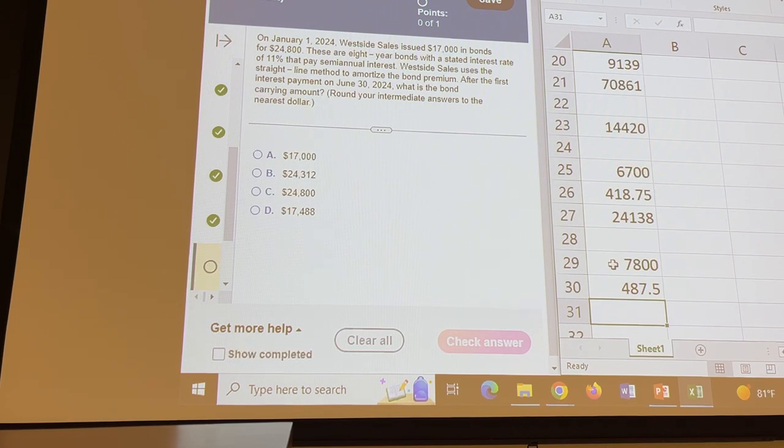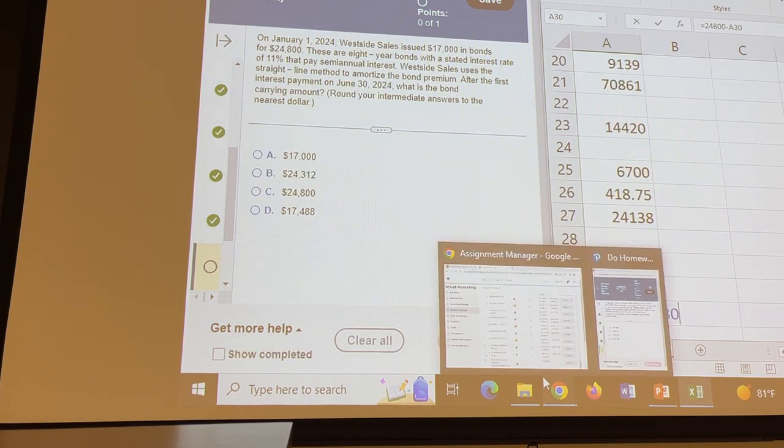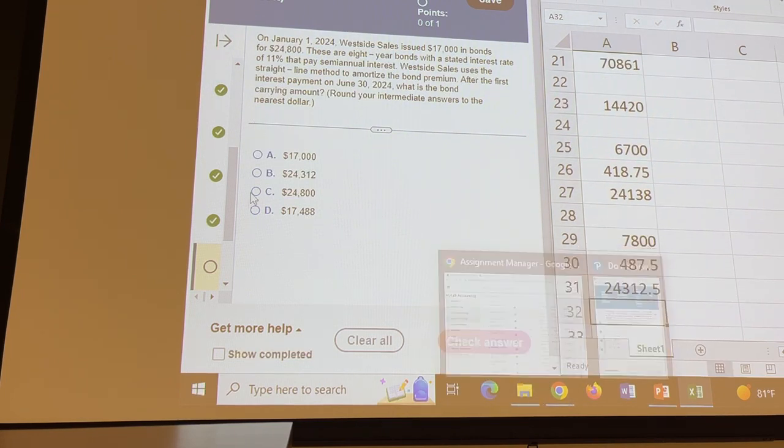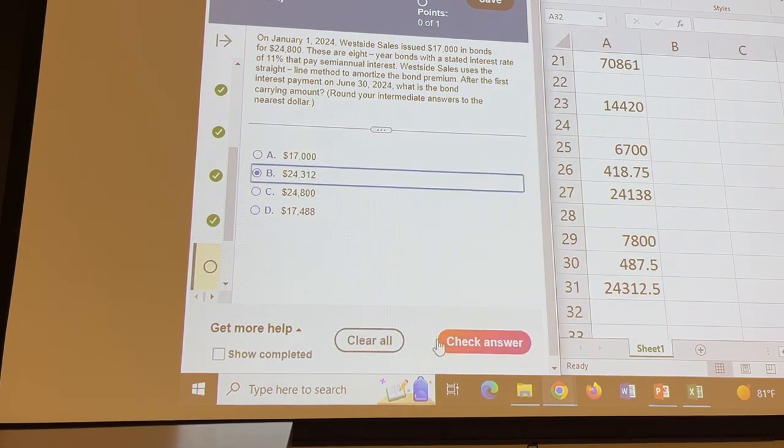So that's about $487, and then we will subtract the amortization of the premium from the $24,800. We only have to subtract one period's worth of amortization for this problem. So it's going to be a carrying value of about 24,312.